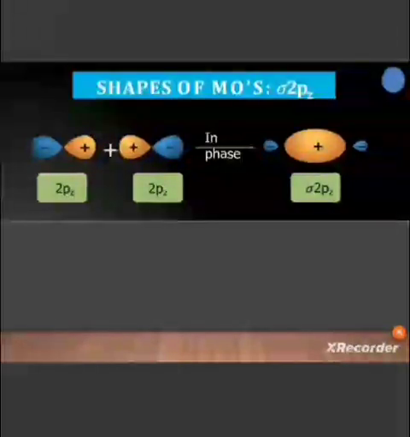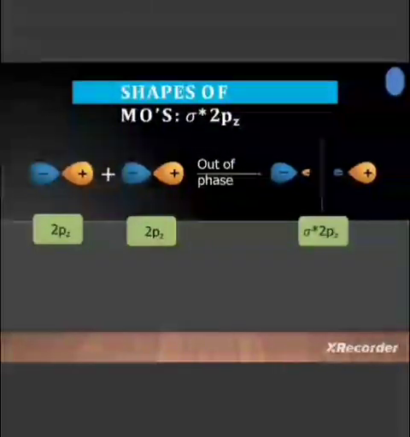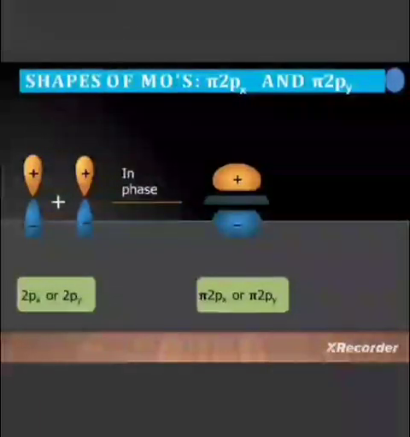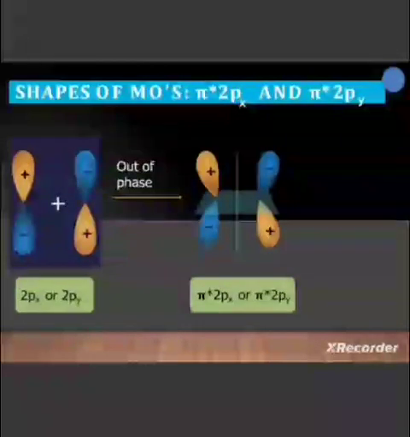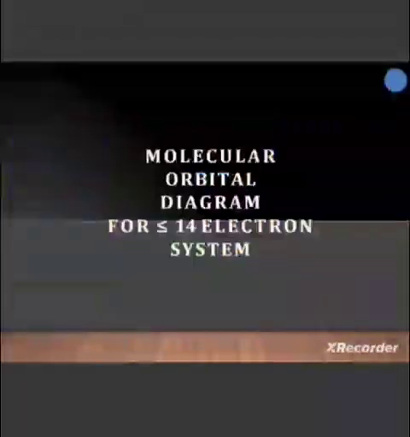If they are out of phase, they form sigma star 2pz. These are the pictures of out of phase. Next, these are the shapes of pi 2px and pi 2py, which are formed by the combination of pi orbitals in phase or out of phase.